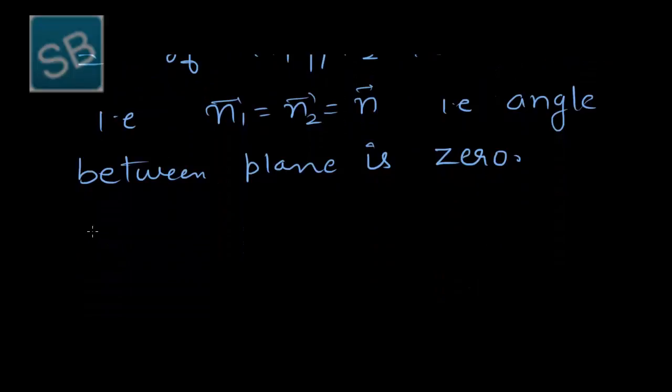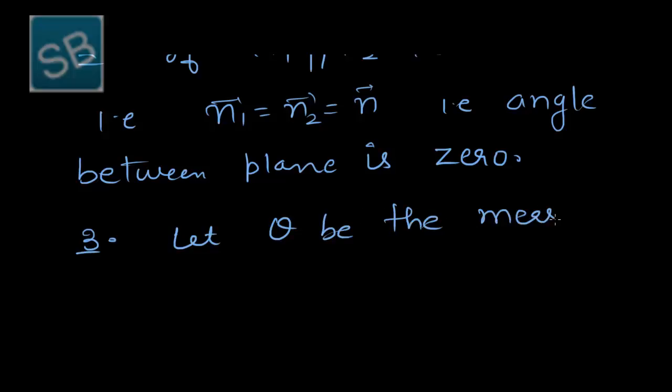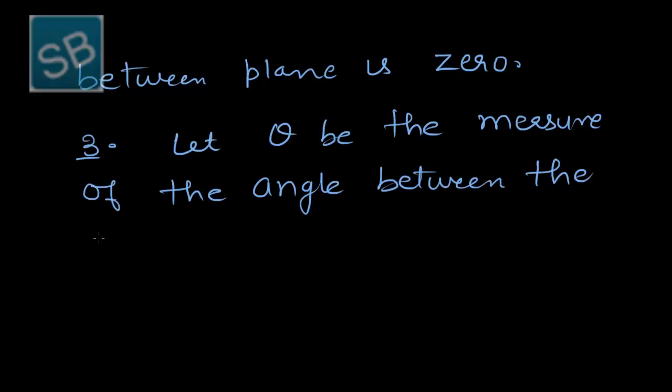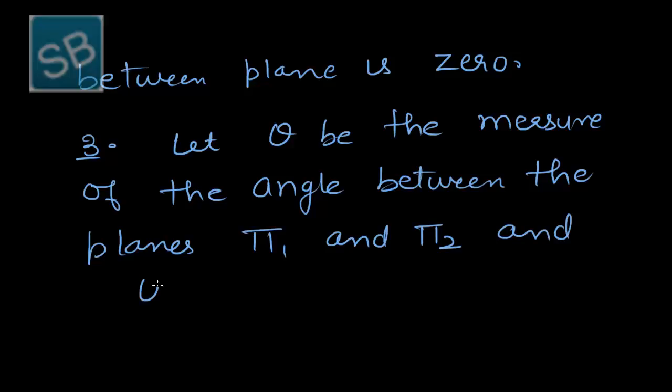So the next is, let theta be the measure of the angle between the planes pi 1 and pi 2, and theta will lie between 0 and pi by 2 as it is an acute angle.